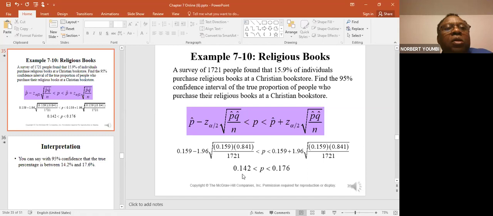So you fit this into the formula and you will have 0.142 and 0.176.